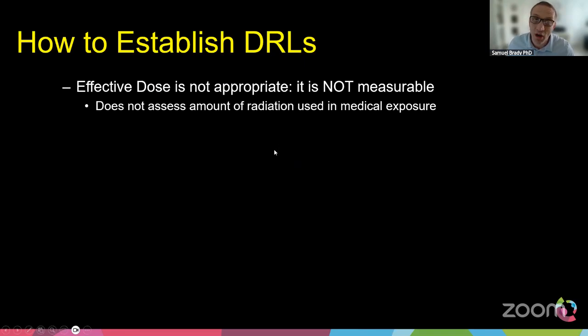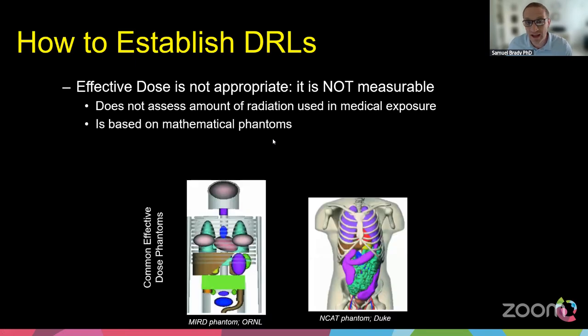One term that we often use in radiology is the effective dose. This value we do not use for diagnostic reference levels because, first of all, we cannot measure it. But second of all, it doesn't actually reference anything with respect to patients. It is based on calculations we make using computational phantoms, these mathematical phantoms.